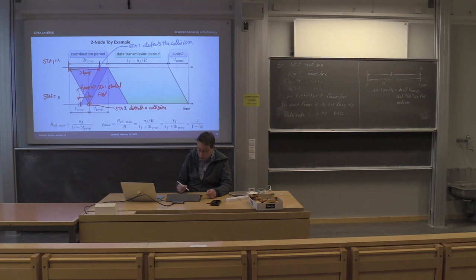So at this point, station A knows for sure that the channel has been reserved, and it's reserved by itself. And the time it takes to do all this coordination is 2 times t-prop.